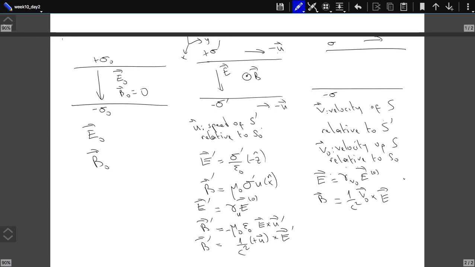But that's mainly because the north will also be in a different direction. So you should sum up all these effects. By all these effects, I mean, in a different reference frame, the north pole will be in a different direction.